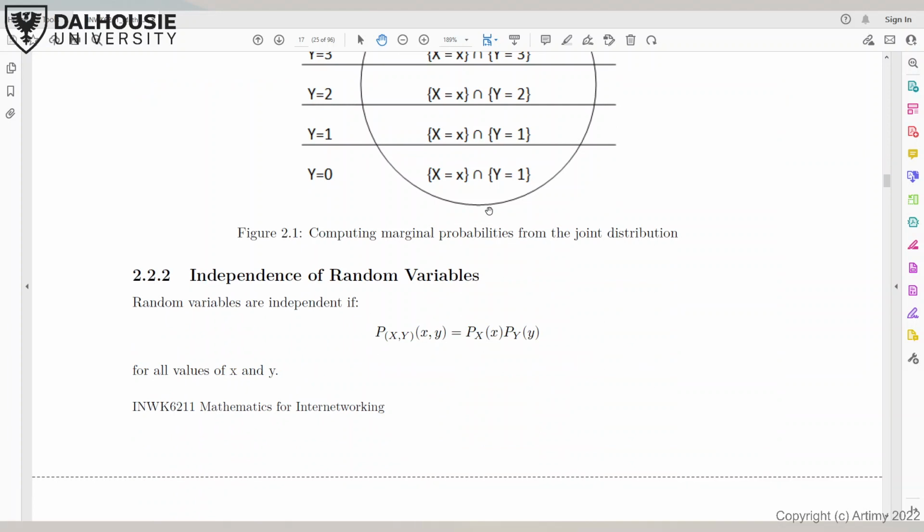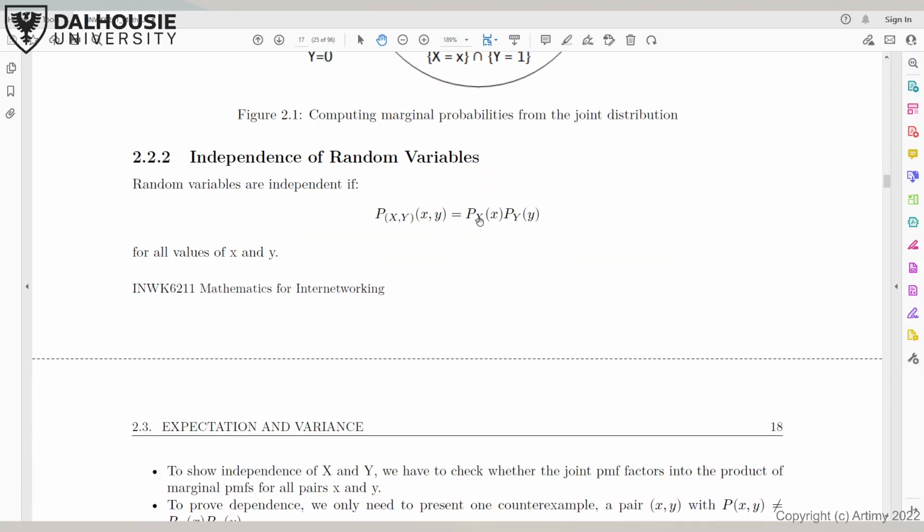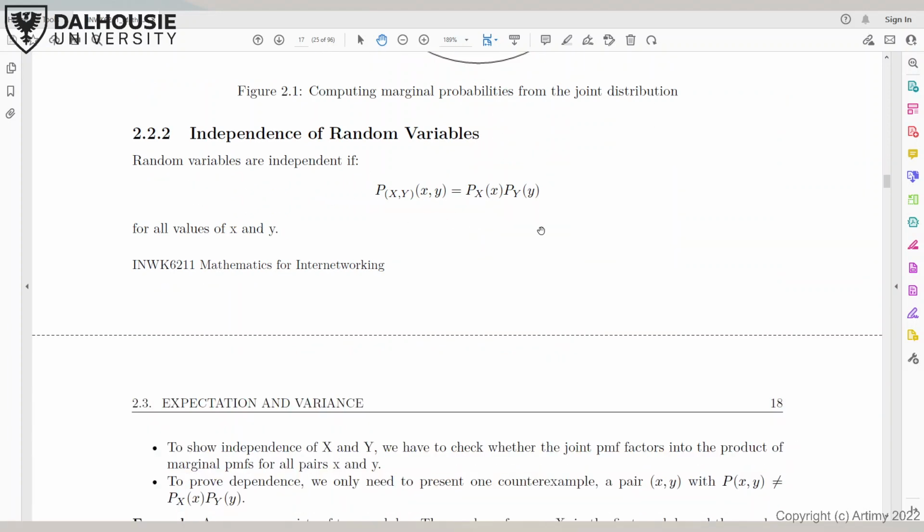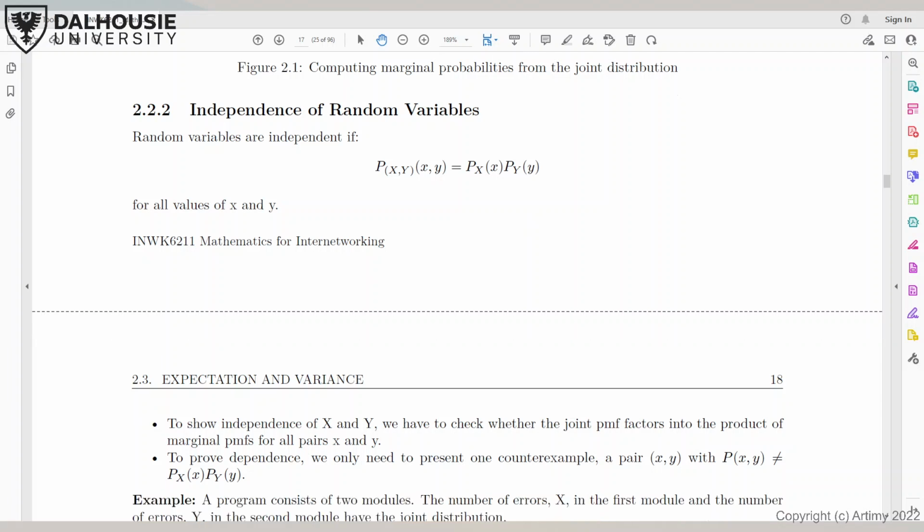All right, so the next topic will be the independence of the random variables. As I said before, they could be dependent or independent. So how can I test? To test independence between random variables, it's the same as with the other examples that we saw earlier.